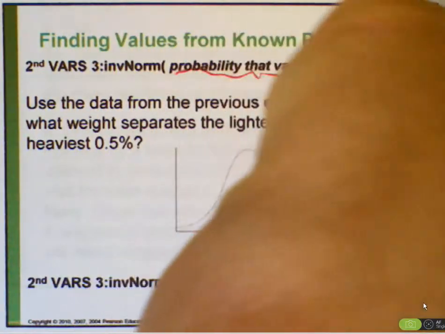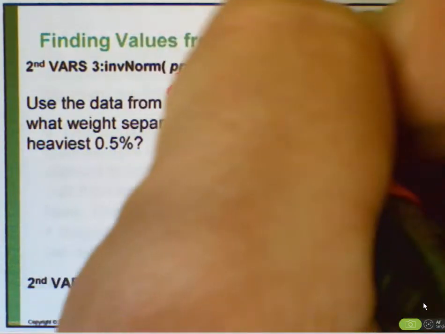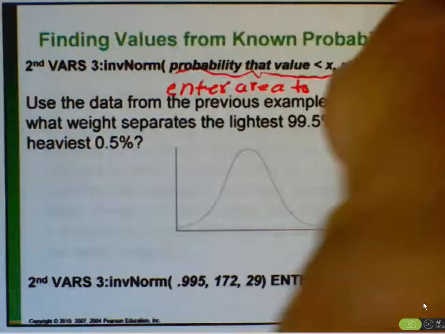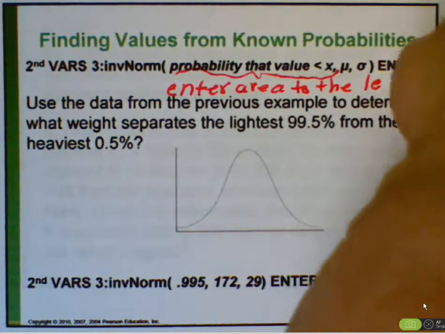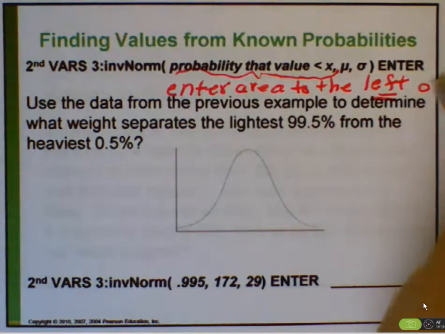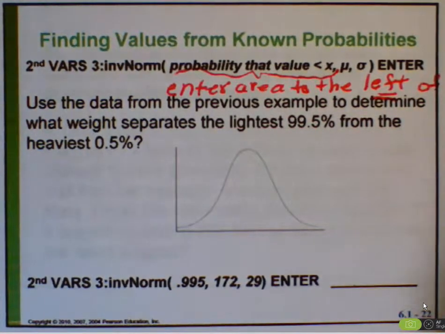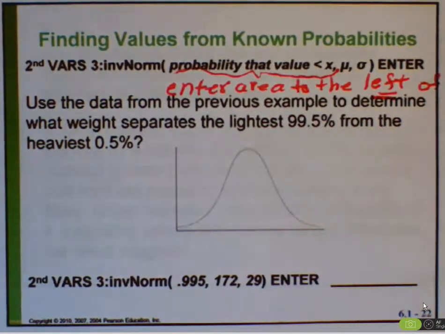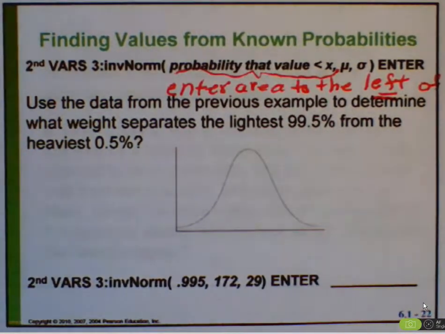And remember, the most important thing in using inverse norm is to remember that you have to enter the area to the left of the desired score, the x value that you're looking for. You have to enter the area to the left.